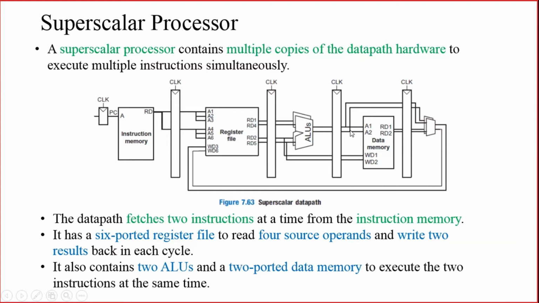Since we want to store 2 results in the data memory, we are using a 2-ported data memory. Normally a data memory has a single read port and a single write port.